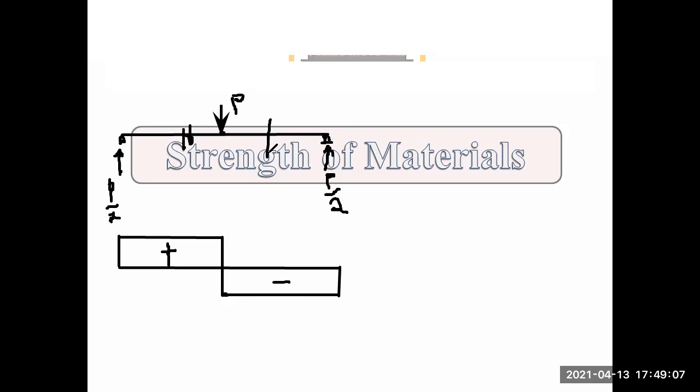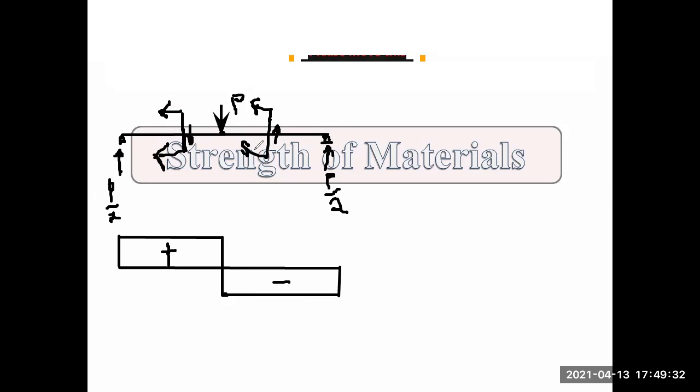Why? If you take a section, the shear force is upward. Make sure that the section we're talking about is taking the left side of the beam. So that's how we know.